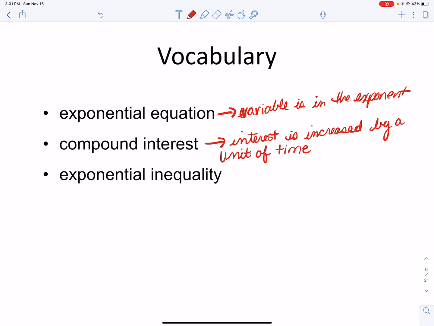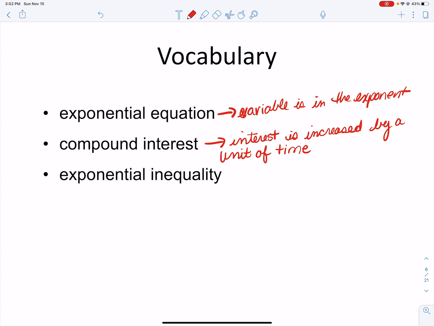So what that means is some bank accounts, they'll do things quarterly, they might do things daily, they might do things yearly, they might do things monthly. And that's by a unit of time. So if I say that I'm going to compound the interest monthly, I would take the interest and divide it by 12, and I'm going to give you the formula for this. And then I would take it that many times. I'm going to do it 12 times in a year.